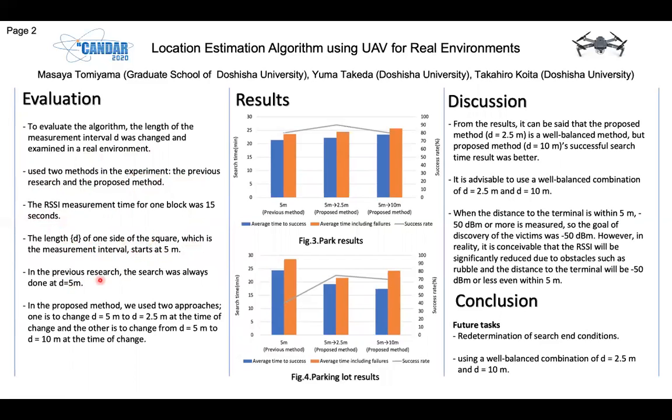In the previous research, the search was always done at d equals 5 meters. In the proposed method, we use two approaches. One is to change d equals 5 meters to d equals 2.5 meters at the time of the change, and the other is to change from d equals 5 meters to d equals 10 meters at the time of change.